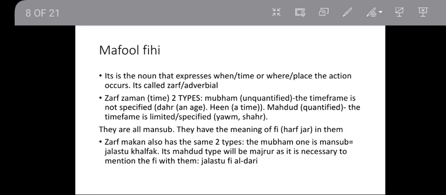Note the fa is halatun nasab, sorry. So it's a fatha, and the ka pronoun just means "you." So khalfa is the word in jalastu khalfaka, "I sat behind you." It doesn't say where exactly behind you I sat. So it's unrestricted. Then you have al makan al mahdud, a restricted place, like jalastu fid dari.